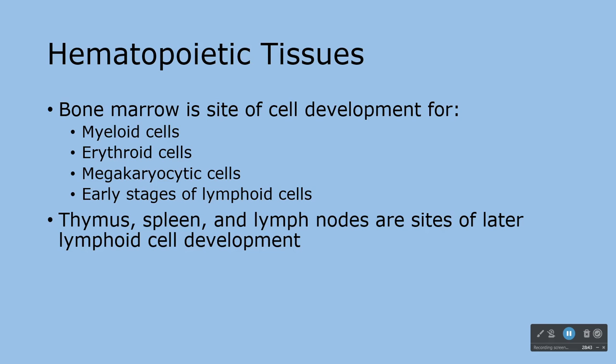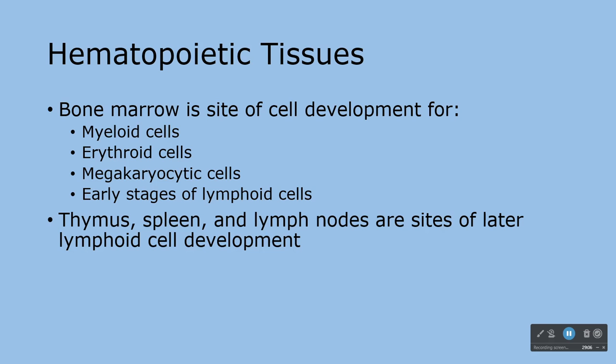Okay? Now, it's going to get a little confusing in the next chapter, because in the next chapter we're going to see this big flow chart of cells. But this is where all four of your stages are actually produced, but they don't necessarily stay there. We're talking about mostly the lymphoids, okay?